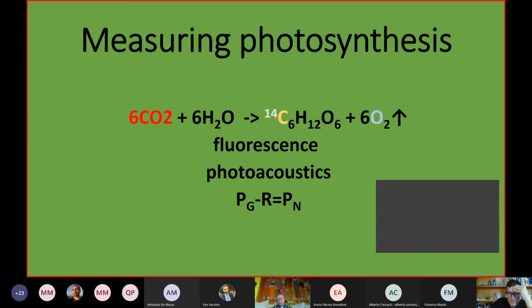We can also measure the rate of emission of oxygen and calculate the rate of photosynthesis from the change in oxygen concentration. That we do only in water, because in the air the amount of oxygen is so high, 18% or so, that we shall see very little change.